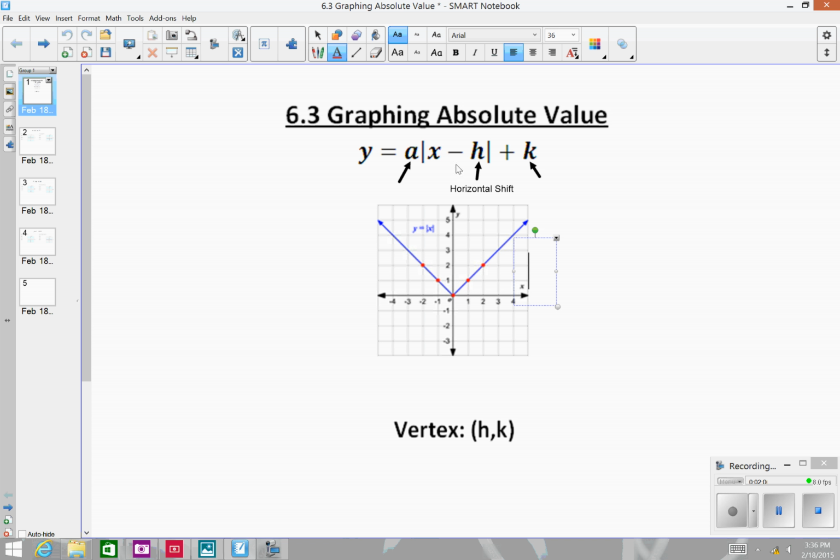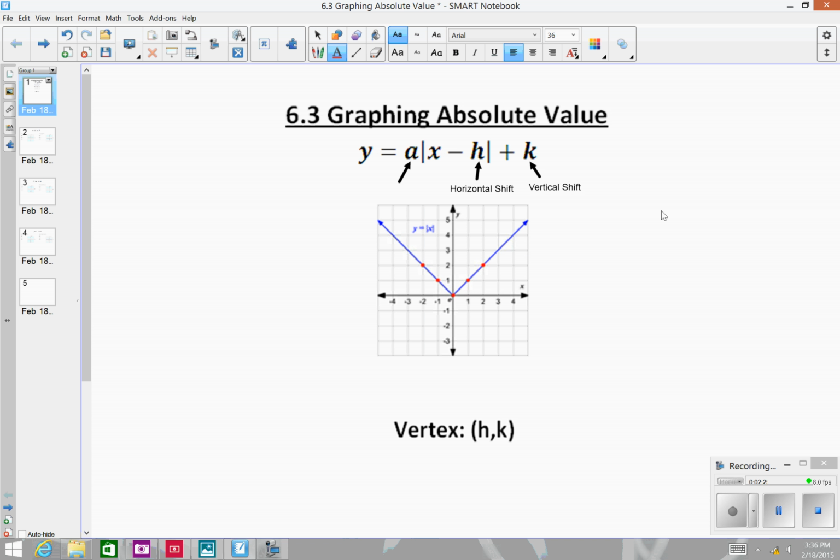Sorry, I forgot to refer to that. This K value is going to shift it what you see. In this case, it is not the horizontal shift, but our vertical shift.